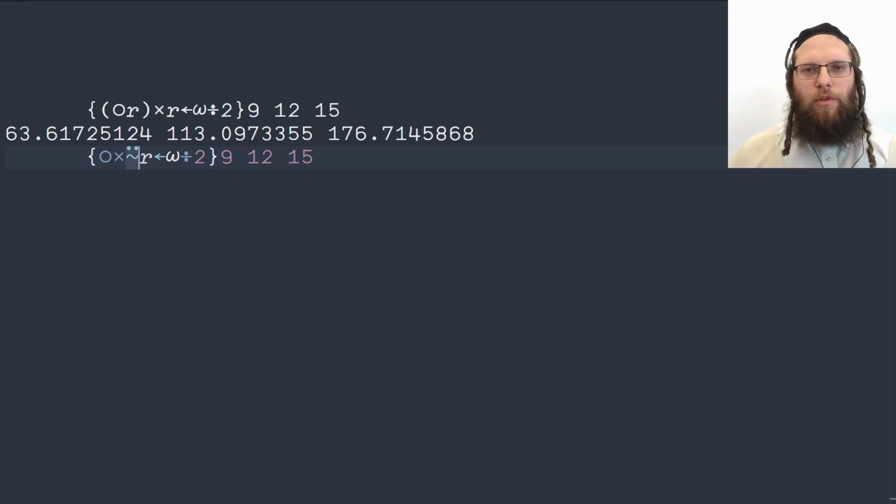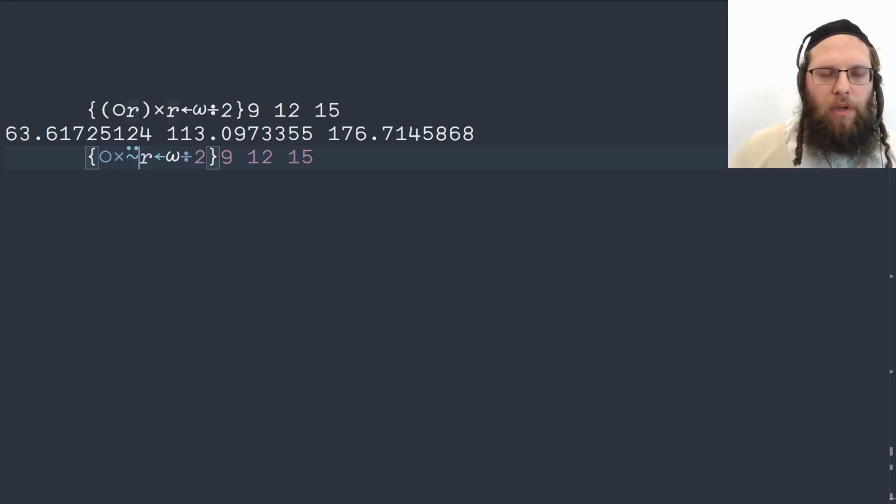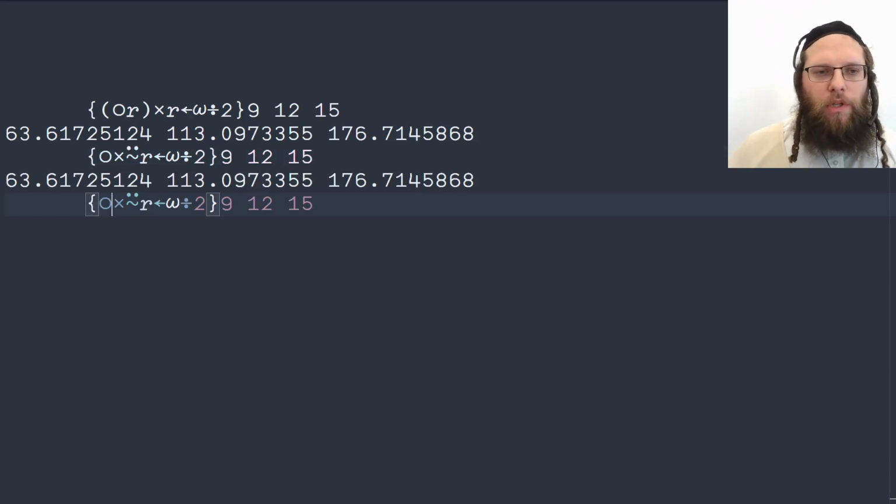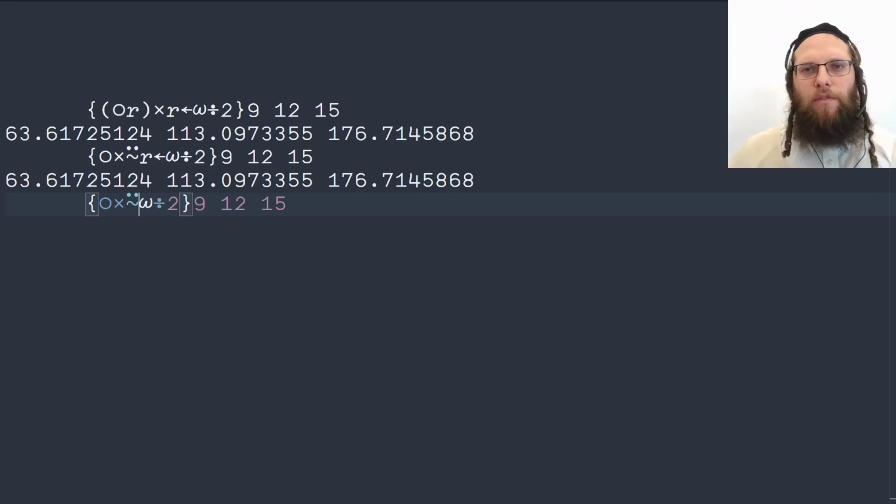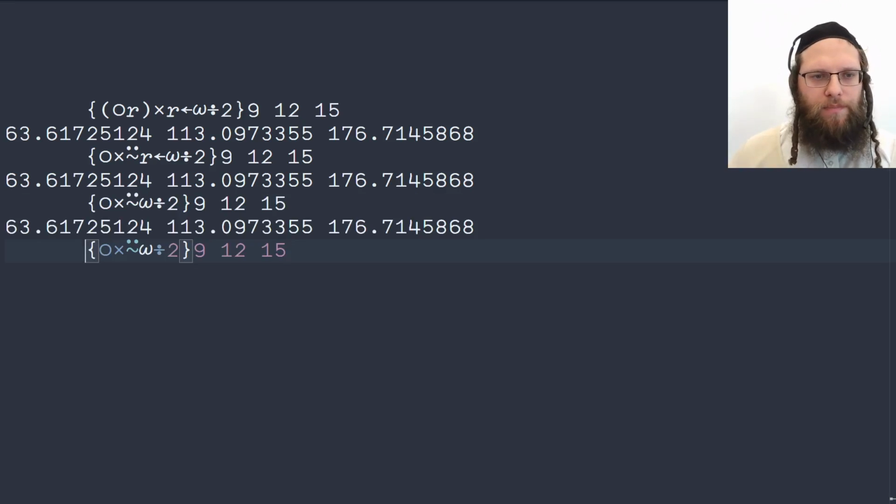The symbol for this self thing, as in self multiplication, is a bit like a selfie face. But now, of course, we're only using r here in the assignment and never reusing it, so we might as well just use the omega divided by 2 directly. This gives us the areas of these circles.